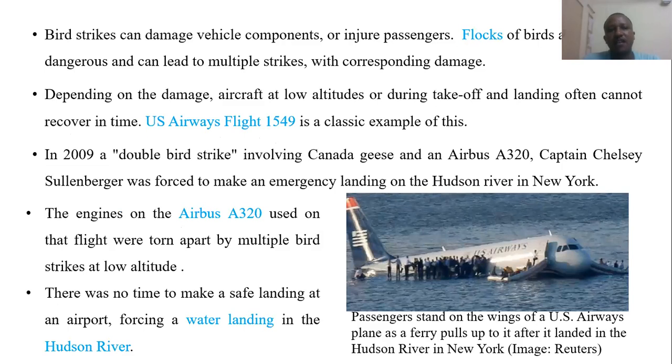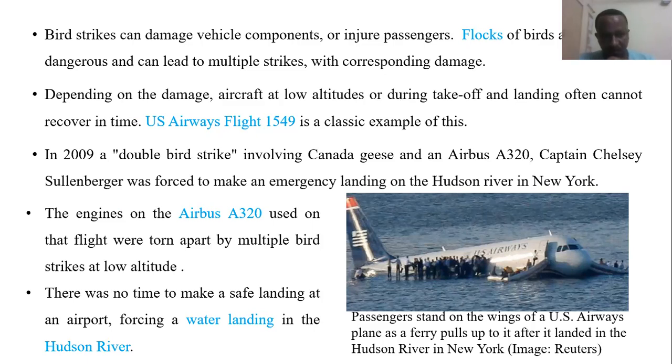So bird strikes can damage vehicle components or injure passengers. Flocks of birds are especially dangerous and can lead to multiple strikes with corresponding damage. And depending on the damage, aircraft at lower altitude or during takeoff or landing often cannot recover in time.